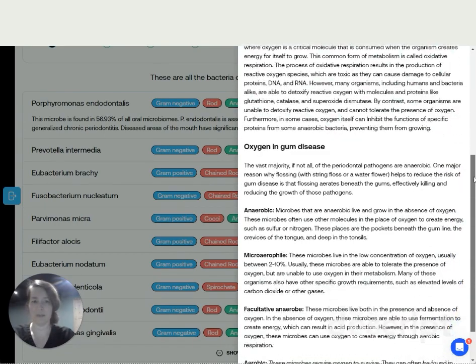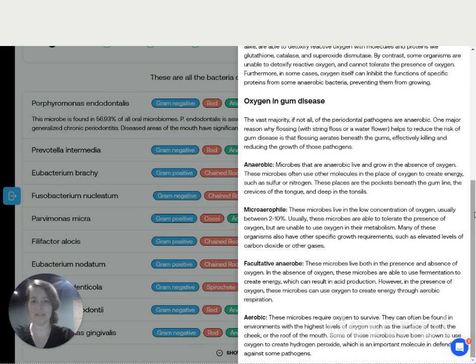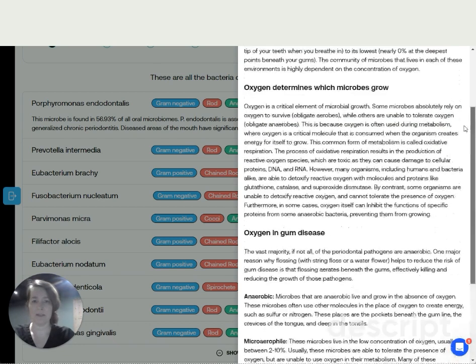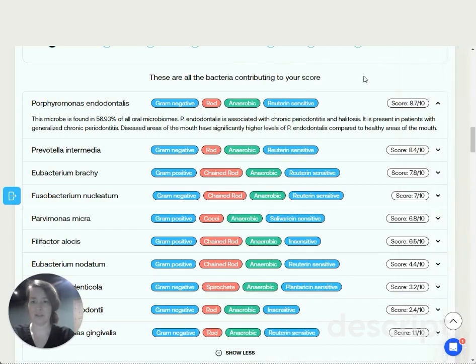So most of the bacteria that causes gum inflammation and periodontal disease tend to be anaerobic. Some are facultative in nature. So this talks about how it lives and in which niche it might live. So these live either within biofilms or in nooks and crevices where there is no oxygen present.